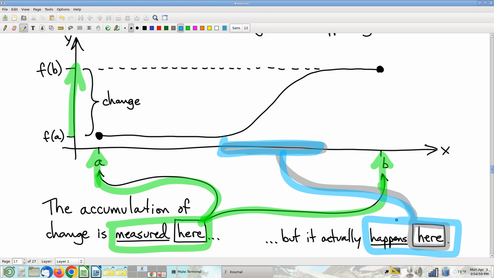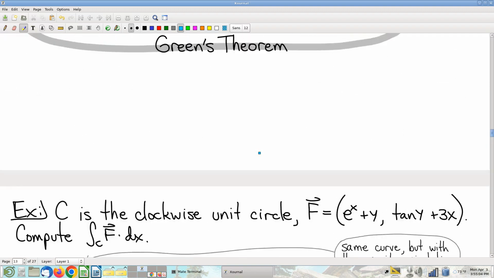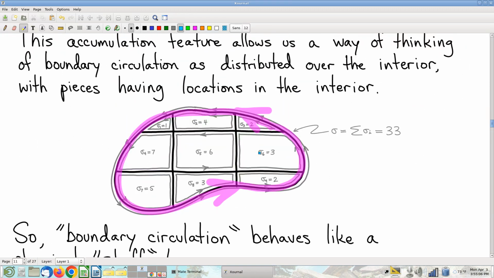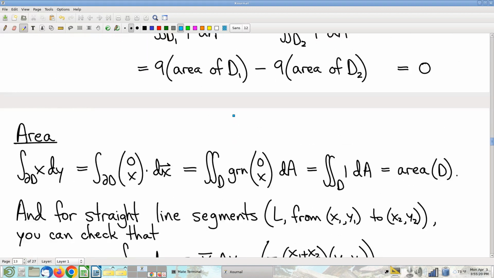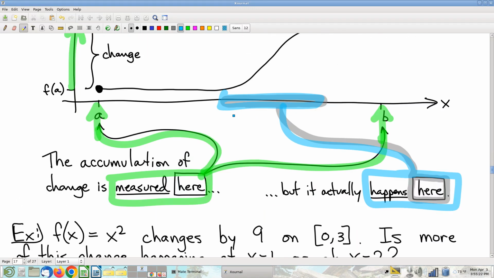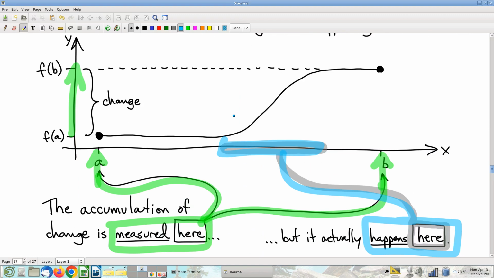So this concept that's so creepy and unsatisfying, where you think, wait a minute, you want me to what now? In the context of Green's theorem, circulation is computed on the boundary, and I'm asserting counterintuitively that it happens in the interior. That's perfectly believable for this other accumulation theorem, the fundamental theorem of calculus. So why am I pointing this out?